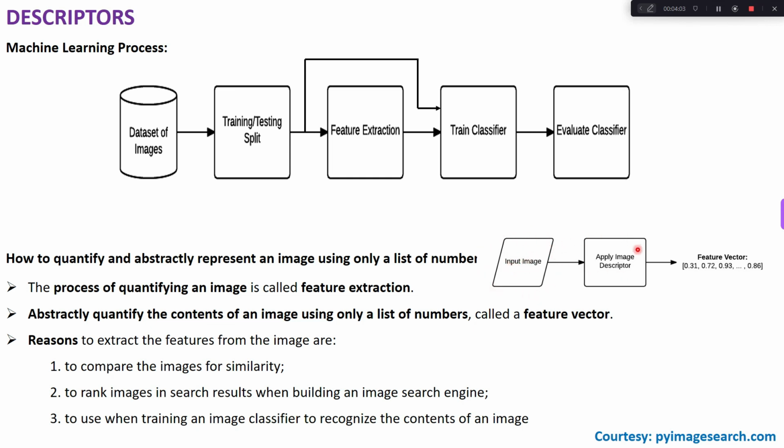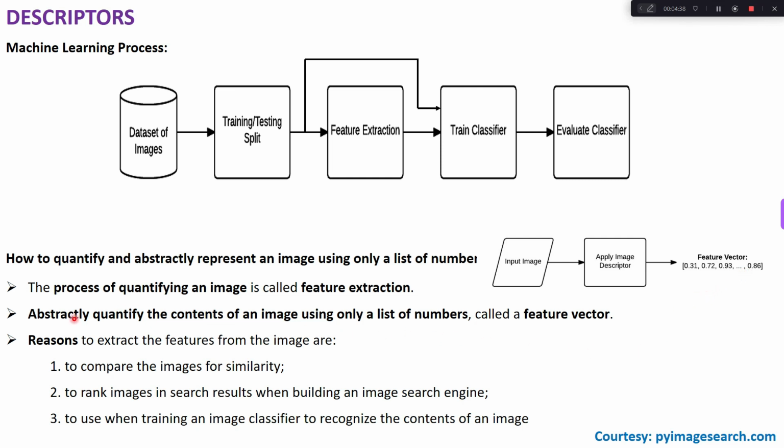When I give this input image to an image descriptor, it gives me some numbers, and these numbers are related to some information from the image. It can be color information, texture information, shape information, etc. The output of the image descriptor is a number, which we call a feature vector. This feature vector can be used by the model to learn.